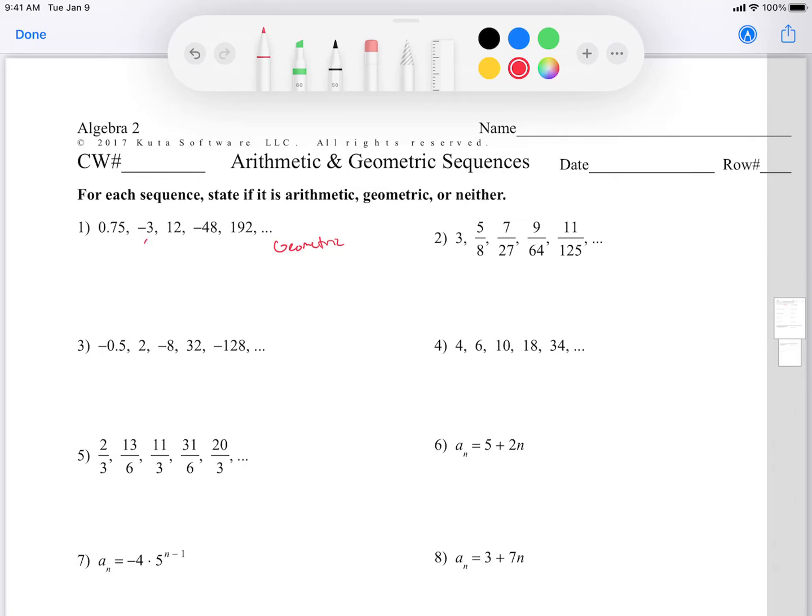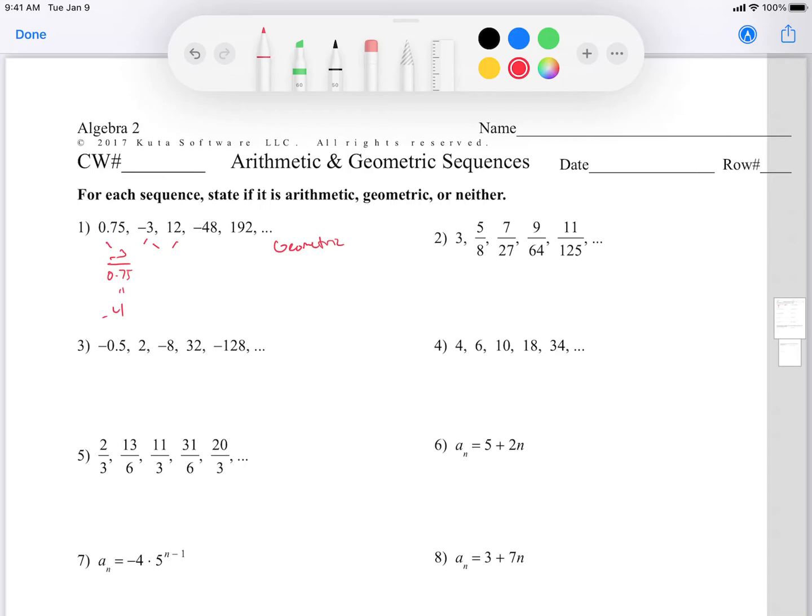So if I want to find the ratio between these two, -3 divided by 0.75, what's that equal? Use your calculators, please. Don't sit there and try to do it by hand. -4. Okay.